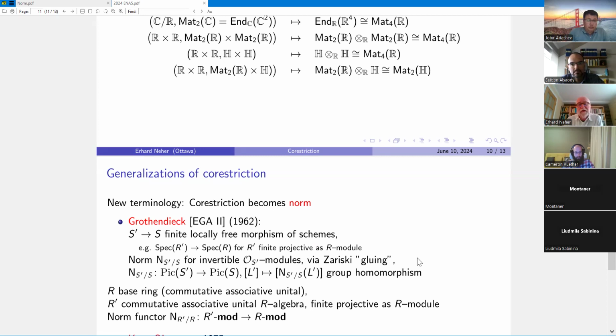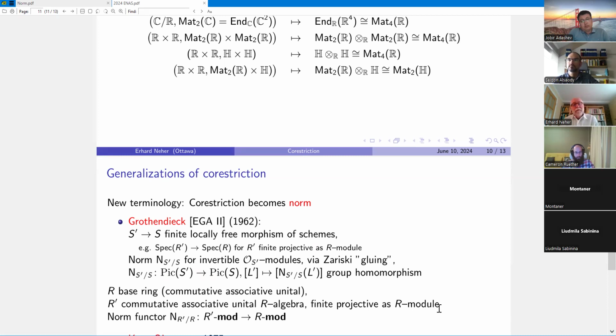In fact, I should say before that this construction, which you can find in EGA, just works for invertible O_S' modules. And so the isomorphism classes of these invertible O_S' modules are just the Picard group of S prime. And Grothendieck used the norm to define a group homomorphism from the Picard group of S prime to the Picard group of S. And that was his main interest.